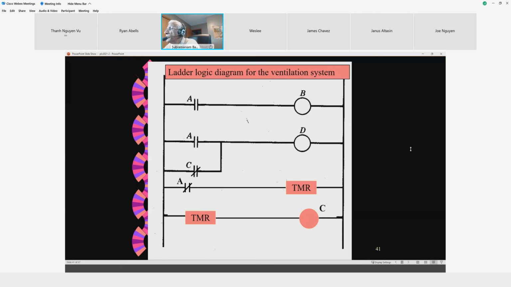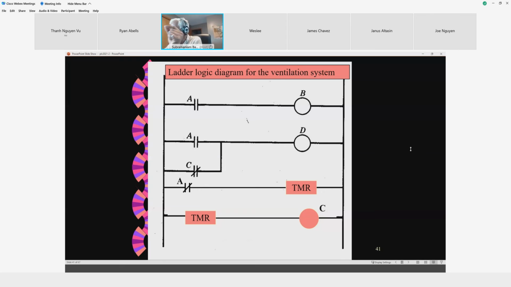The timer will be sleeping for the period of time, 3 minutes, 30 minutes, whatever, nothing will come out of the timer. Right? When A is on, at the end of 3 minutes, the output from the timer is true. Correct? So in this case, let's say A is true.